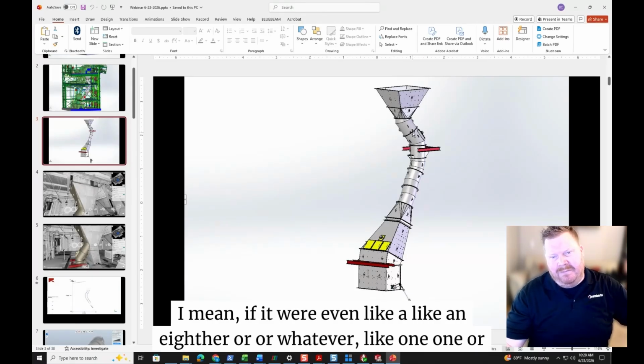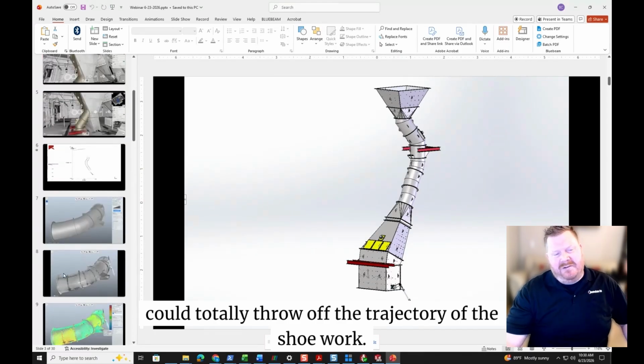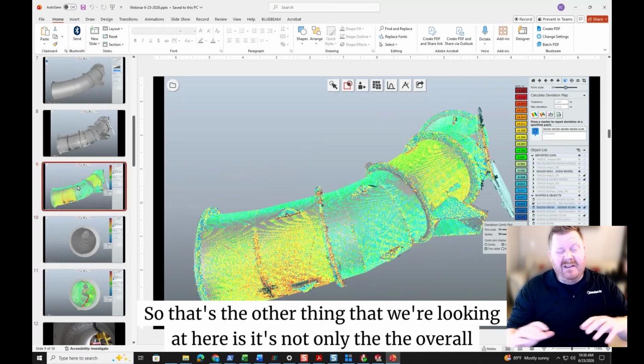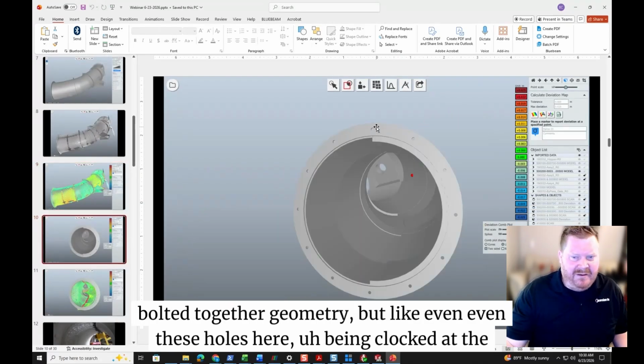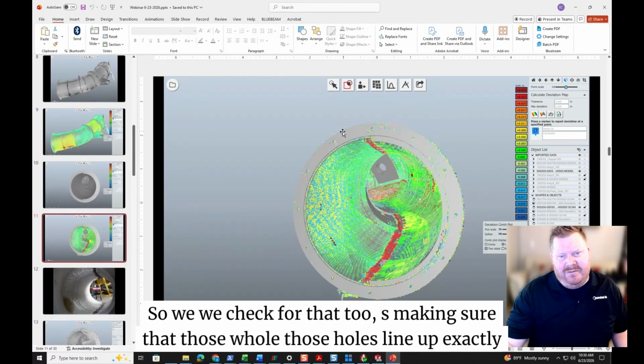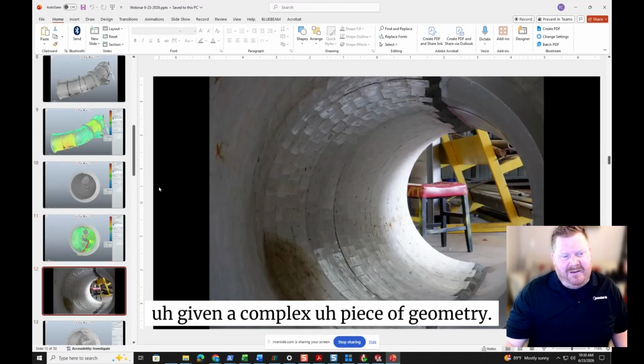Even a few degrees off center between each of these round flange orientations could totally throw off the trajectory of the chute work. So that's the other thing that we're looking at: not only the overall bolted together geometry, but even these holes being clocked at the right pattern. We check for that too, making sure those holes line up exactly where they need to be, given a complex piece of geometry.